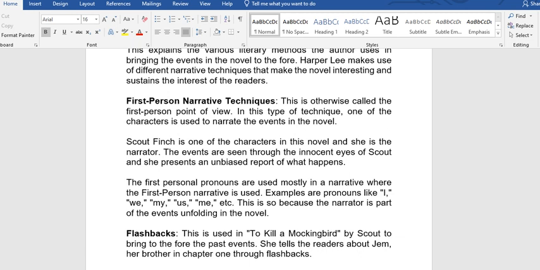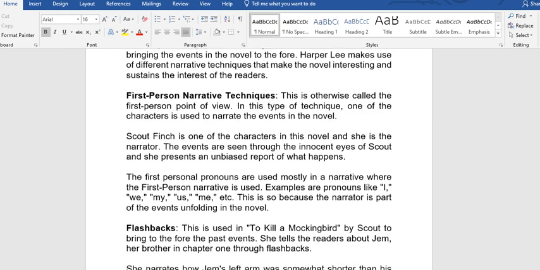What we are saying in essence is that in a narrative where we have the use of first-person pronouns, that means the author has used the first-person narrative technique there. So in such narratives, you will see personal pronouns like I, we, my, us, me.